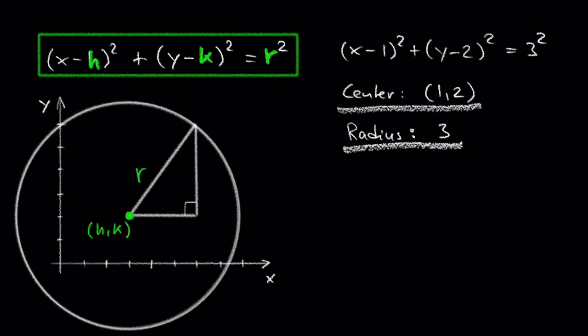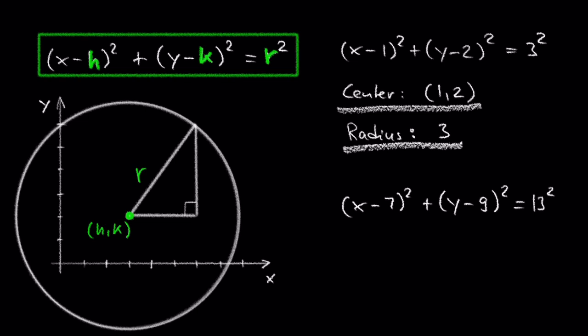What about this standard equation of a circle? (x minus 7) squared plus (y minus 9) squared equals 13 squared. How can we see in this equation what the center and the radius are of this circle? That's very simple.